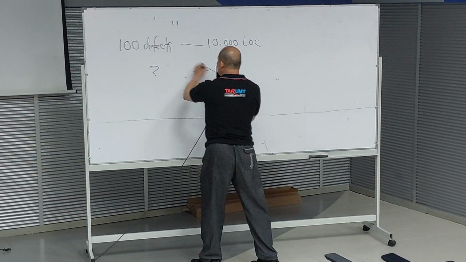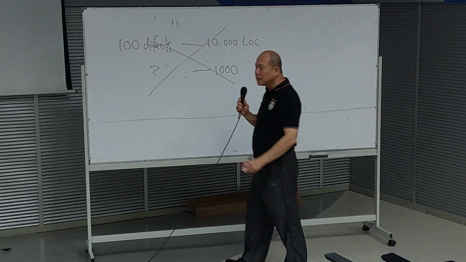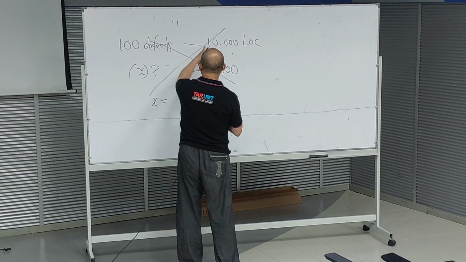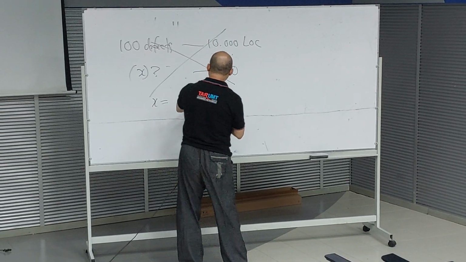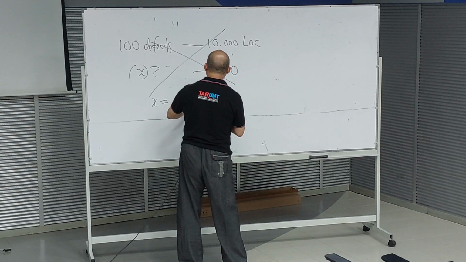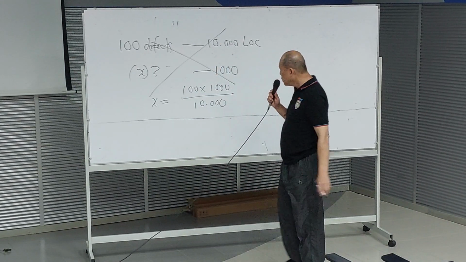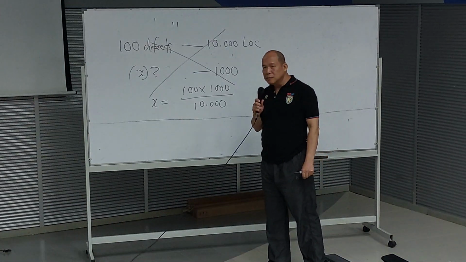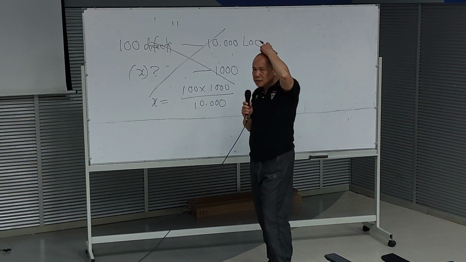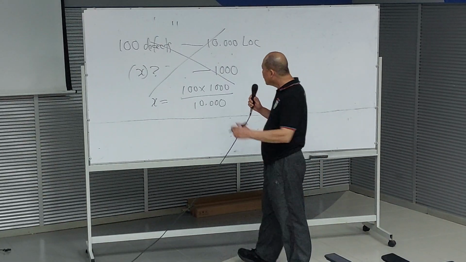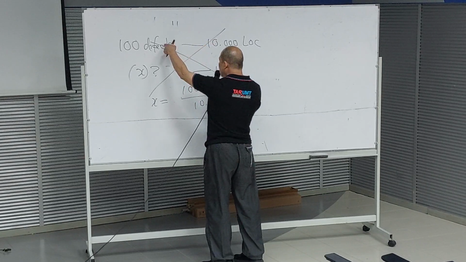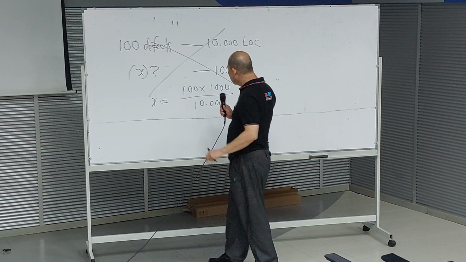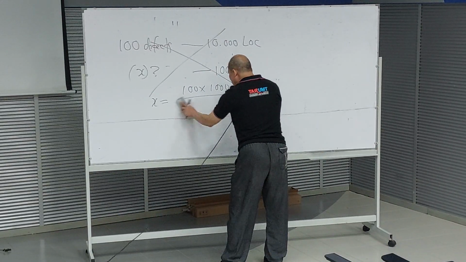A simple way is to do this. Assuming this is x, this multiply this multiply this. Let me show you one more step.